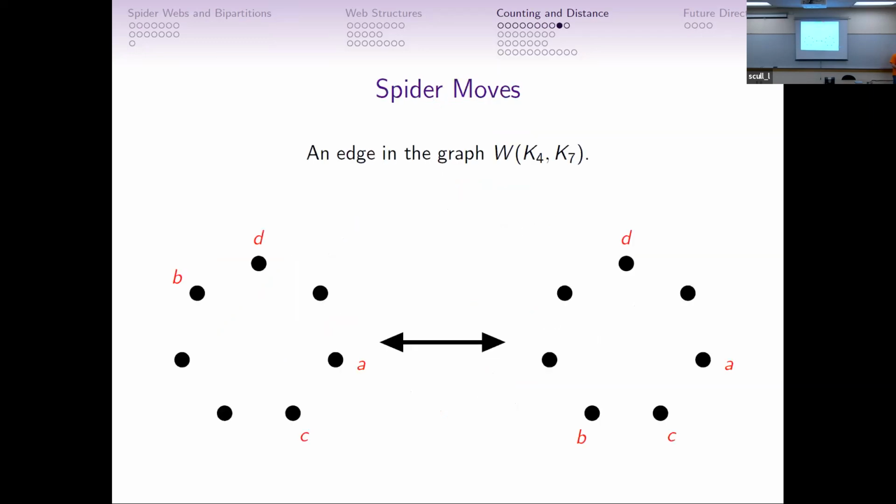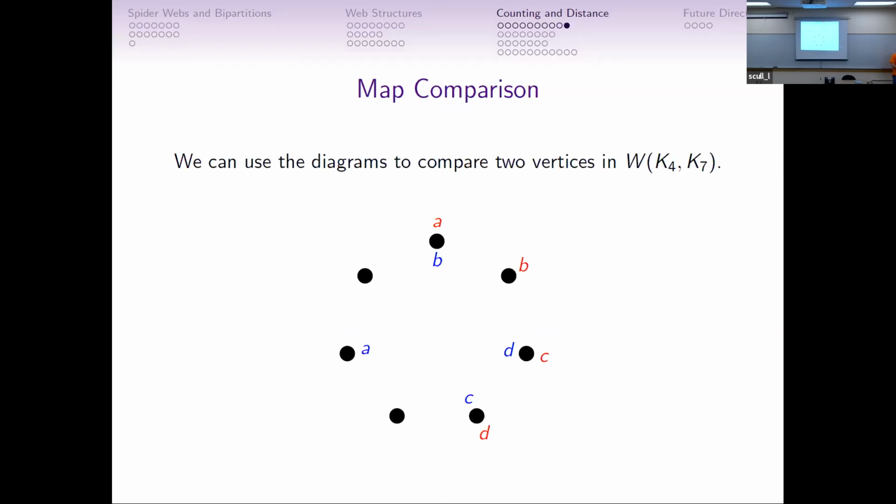That means that a spider move between the diagrams is going to look like this. Two diagrams where the letters are placed the same everywhere except at one place. Here they agree at A, E, and C, but disagree at B. And that makes these diagrams a spider move apart. Further, we can use this to compare two vertices.